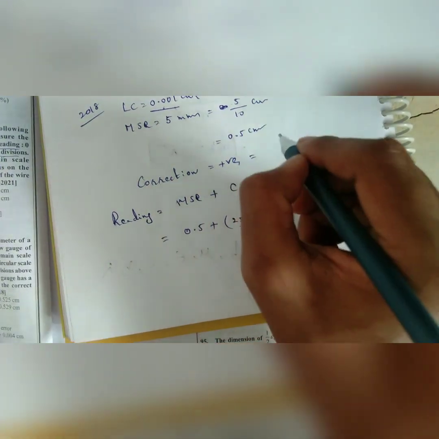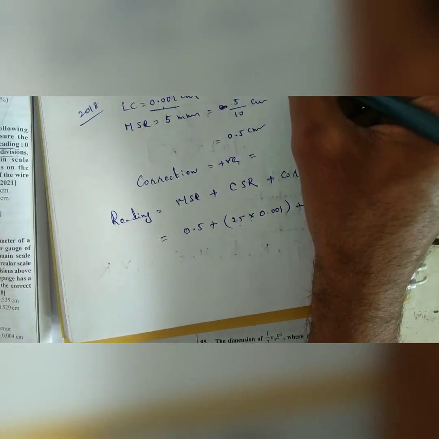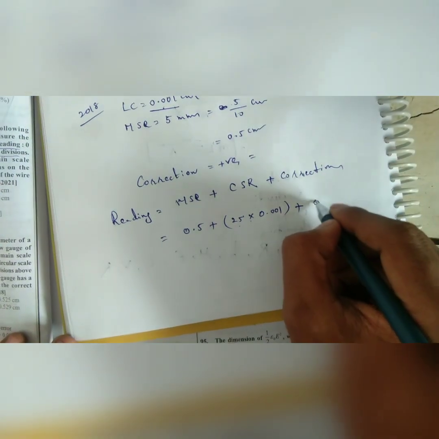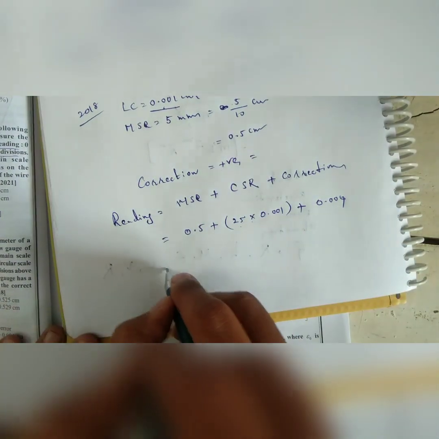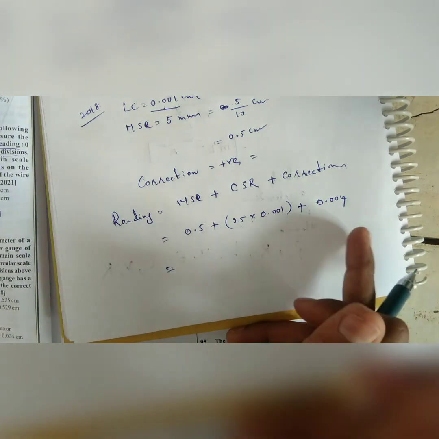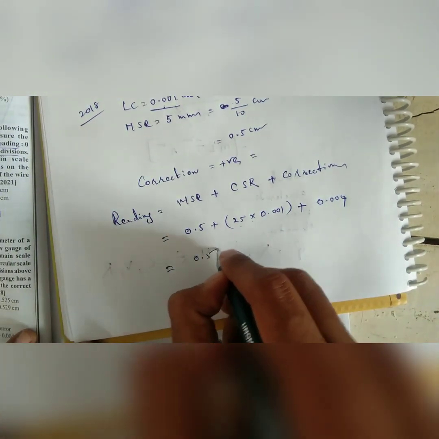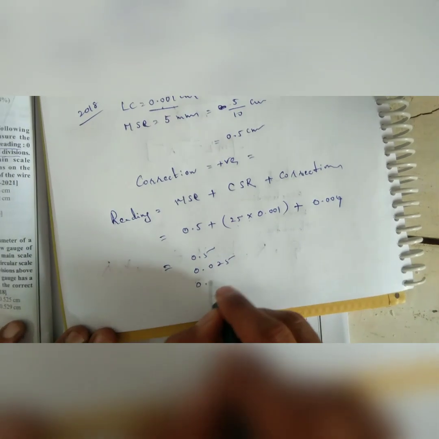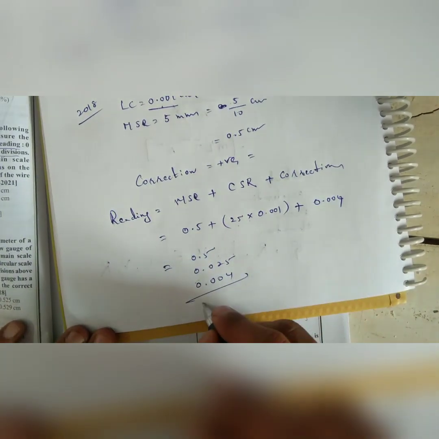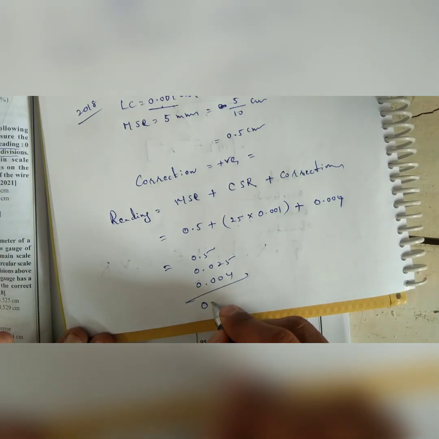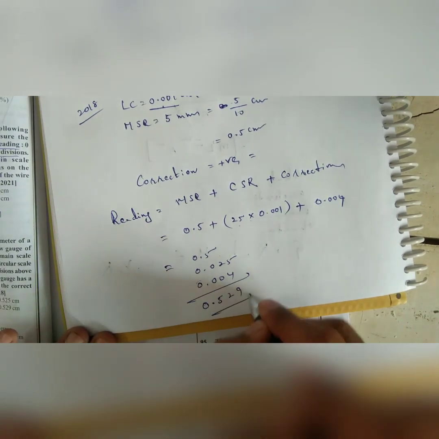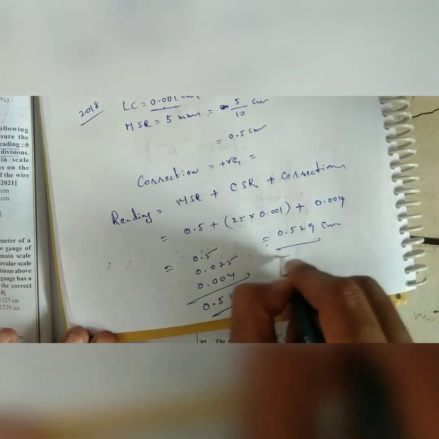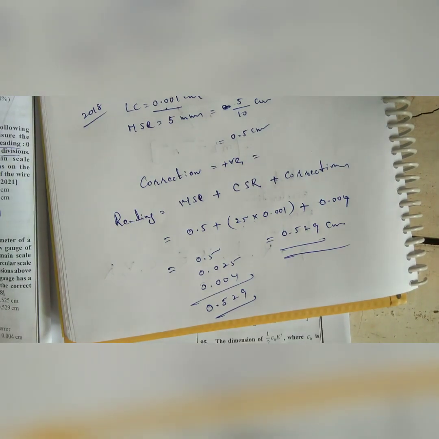The error is negative, minus 0.004, so the correction is positive. You need to add 0.004. If you add all together, 0.5 plus 0.025 and 0.004, altogether that value is 0.529 centimeters. This is one model given in 2018 NEET.